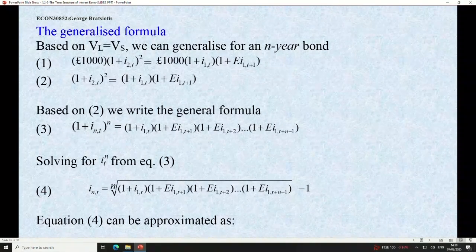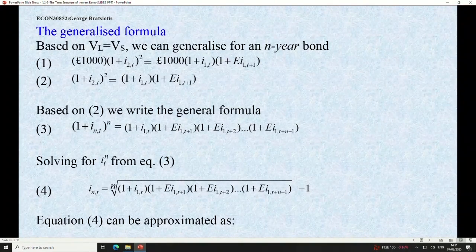If you extend this to n periods, you will have this. And I can assure you that if you solve for the i_n here, in other words, you take the power on the other side, so you have the root to the power of n, minus 1 because you have 1 as well here. And the 1's outside, of course, the root, because it's all to the power of n.